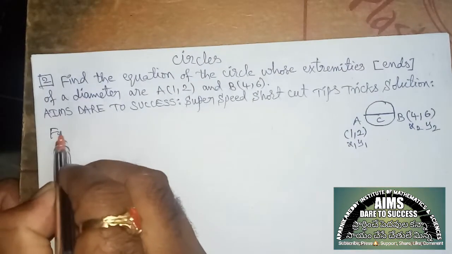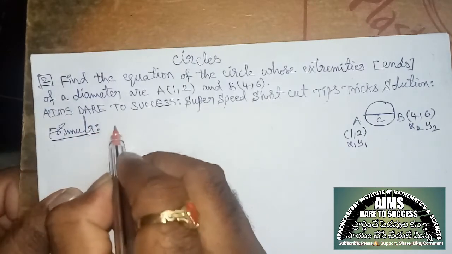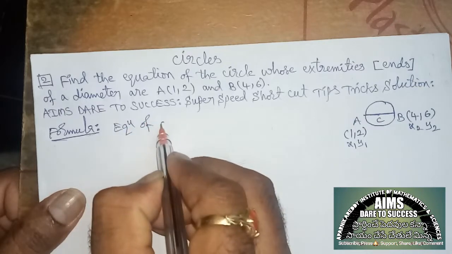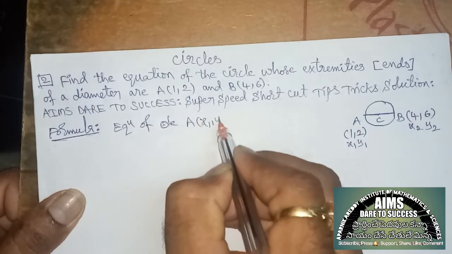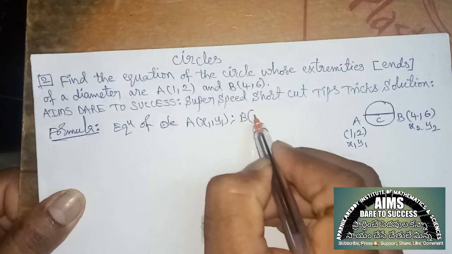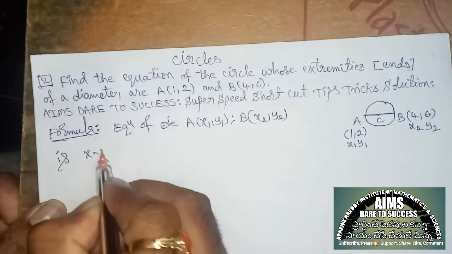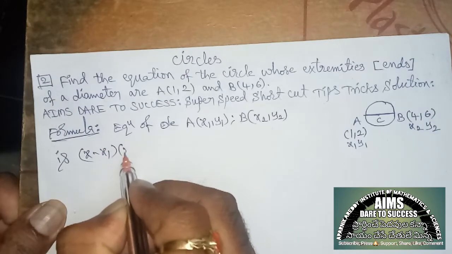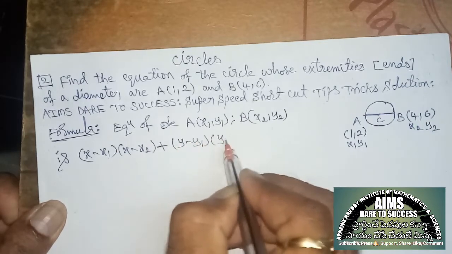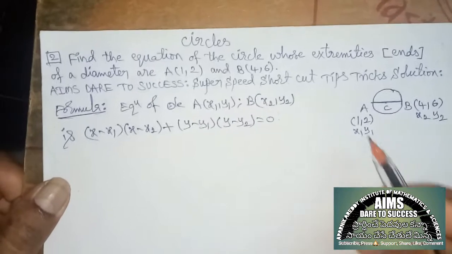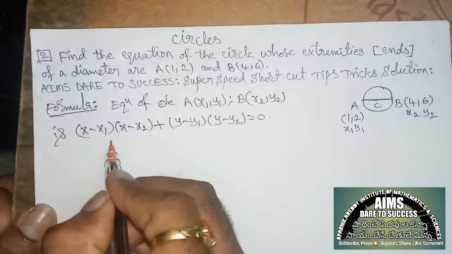Next I want to write one shortcut formula: the equation of the circle passing through A(x1, y1) and B(x2, y2) is one small, simple formula, (x minus x1)(x minus x2) plus (y minus y1)(y minus y2) is equal to 0. (x1, y1) is (1, 2), (x2, y2) is (4, 6). As it is, you can substitute here.